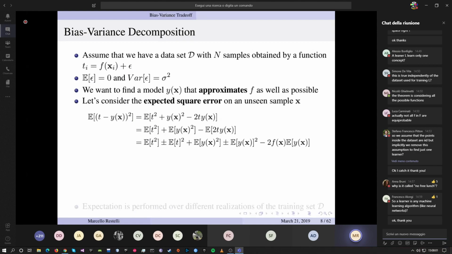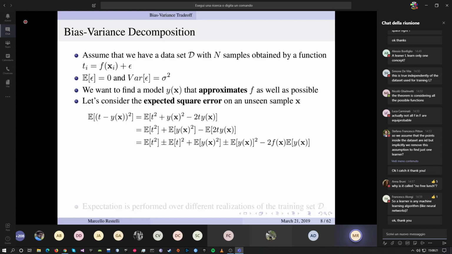Then for the last term, I simply took the 2 out from the expected value, and then the expected value of t multiplied by y can be rewritten as the value of f, because the expected value of t is f, multiplied by the expected value of y.